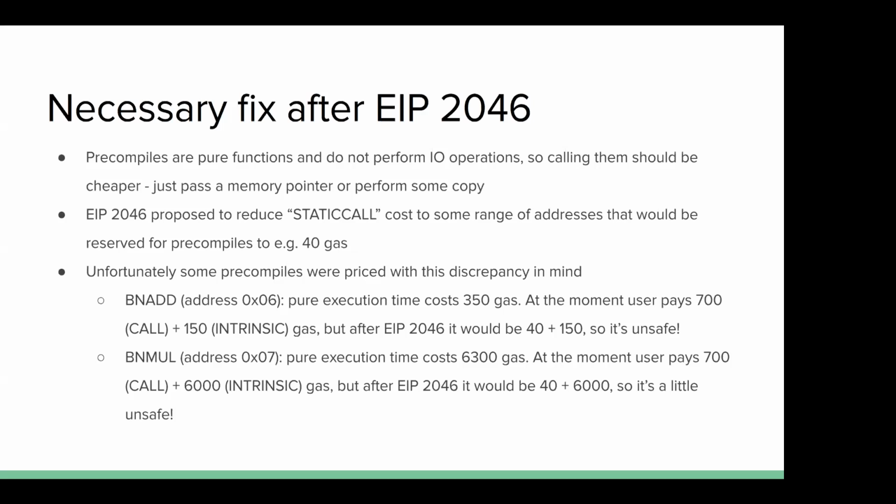In the sense that a precompile is just a pure function. So everything you need to do is just take some code, take some piece of memory, and do an execution. You don't have to pay the cost of performing disk lookup as you would if you actually do the call to any of the real contracts, which takes some storage. That's why you can have different values for these two different use cases.